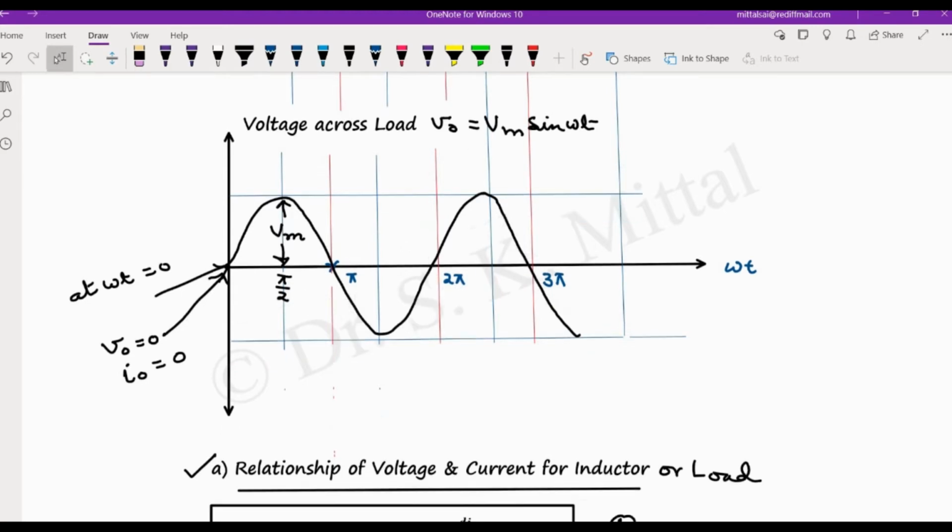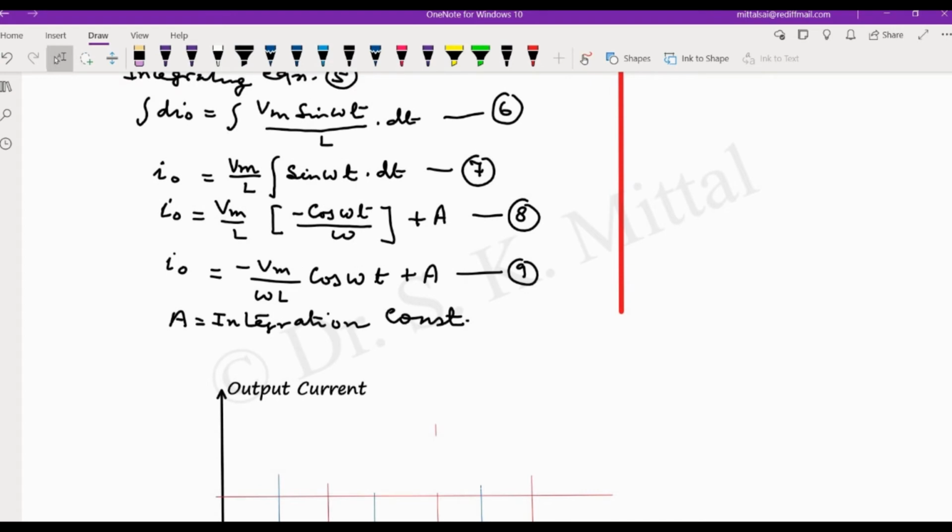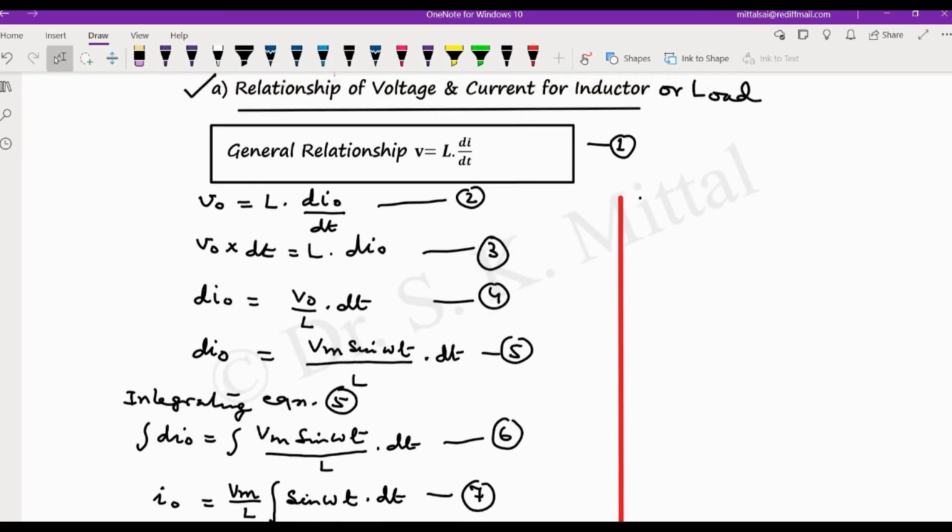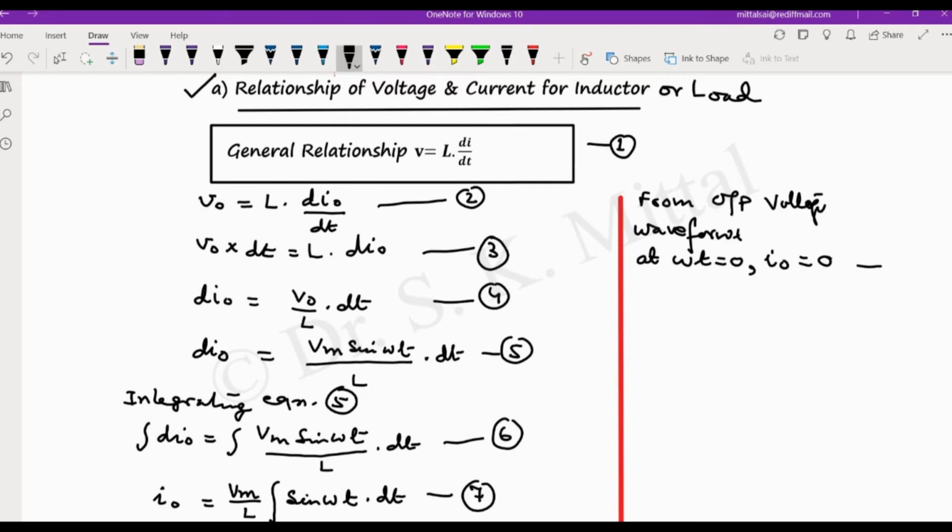Therefore, we can say that from the output voltage waveform, at omega t is equal to 0, I0 output current is equal to 0.